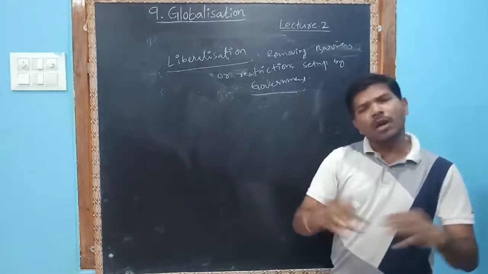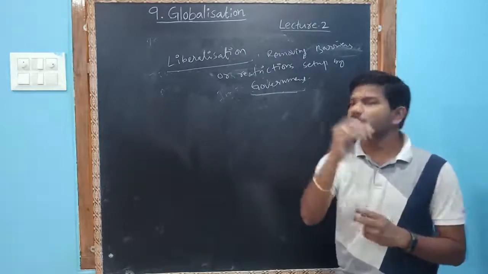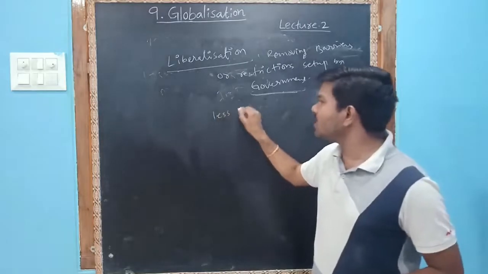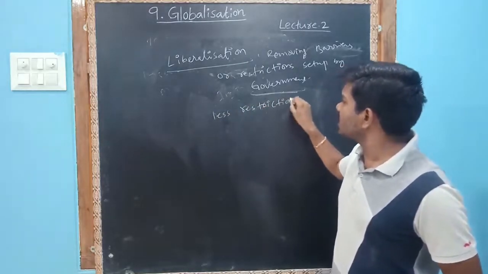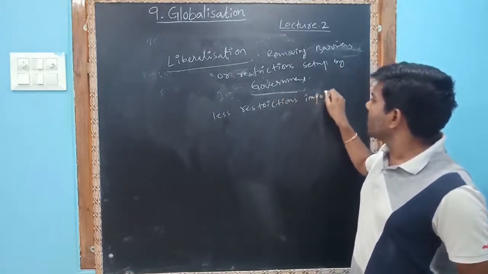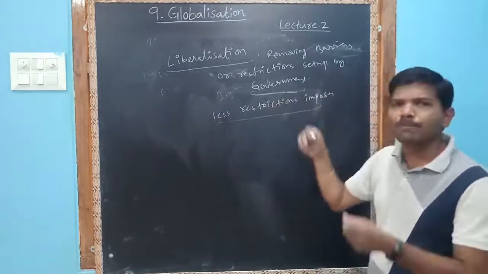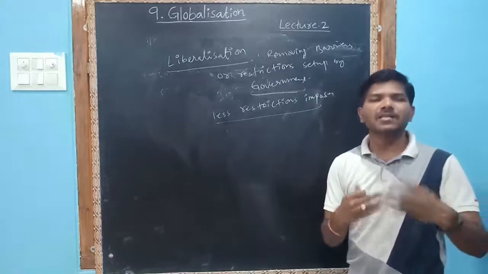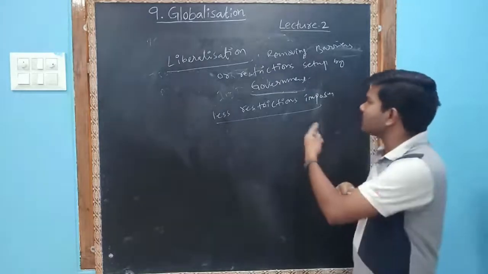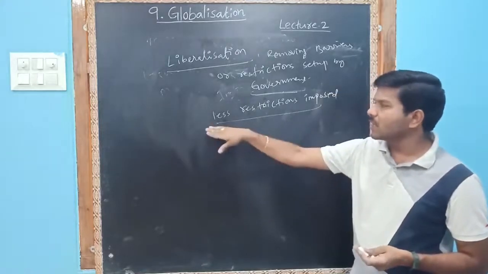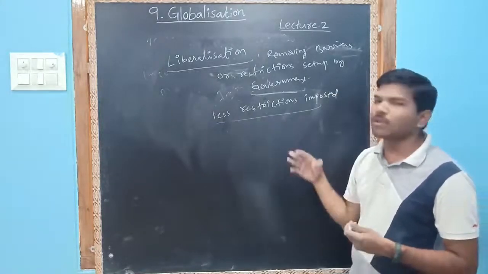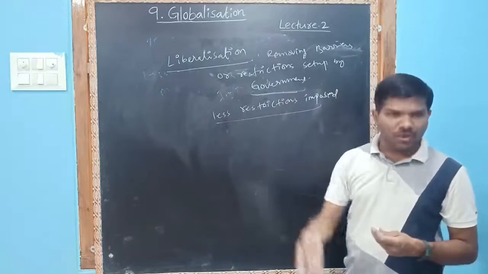That means not freely accepting, but less restrictions are imposed. Not entirely free, but a little bit of relaxation has been given. So we can say that less restrictions were imposed compared to before.